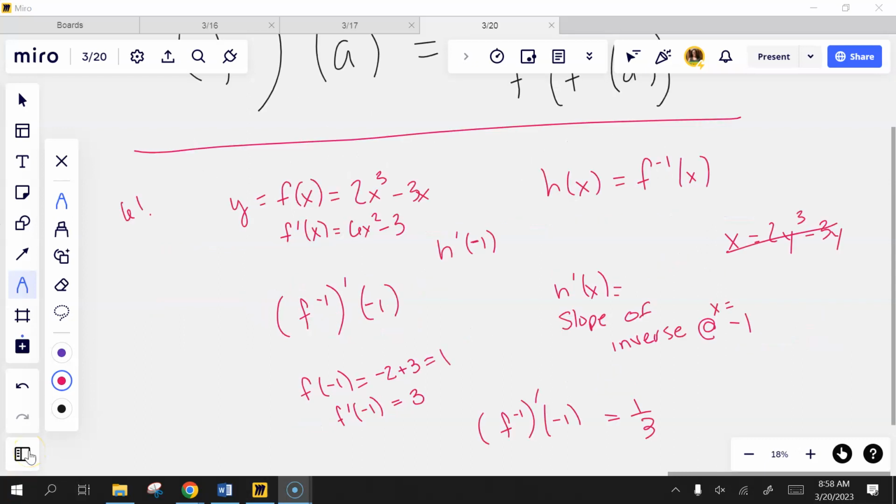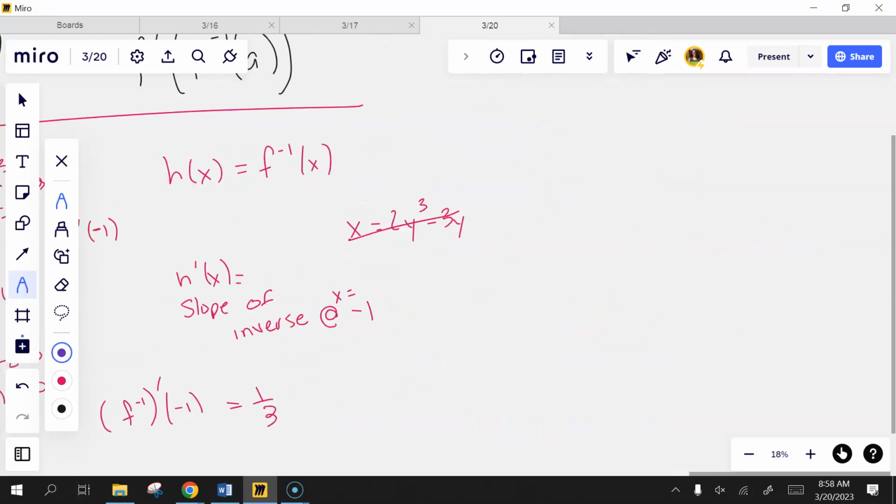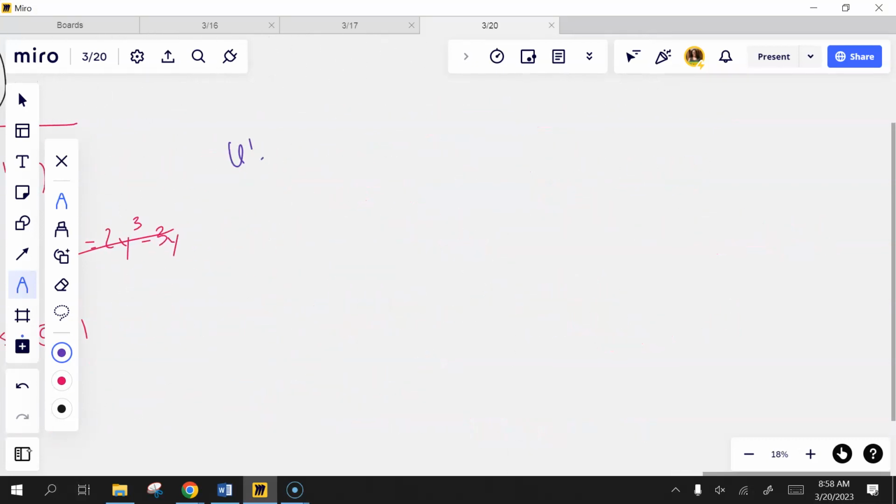The slope of the inverse of a function is the reciprocal of the slope of the function. Okay, so what I mean by that, let me just start over. F of x is 2x cubed minus 3x.